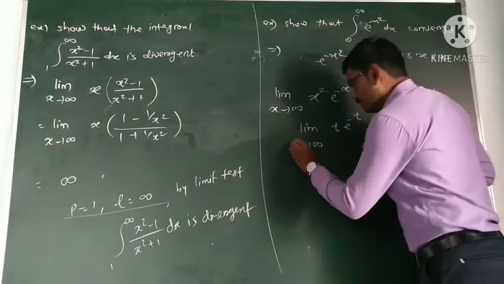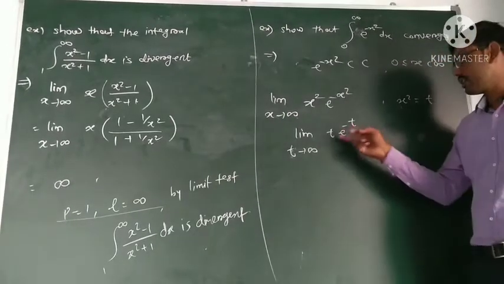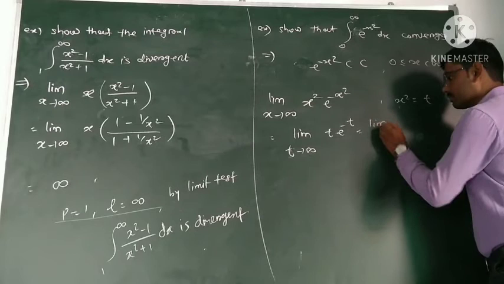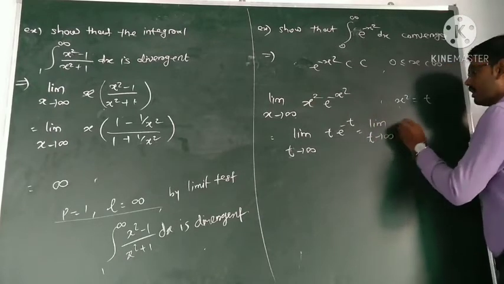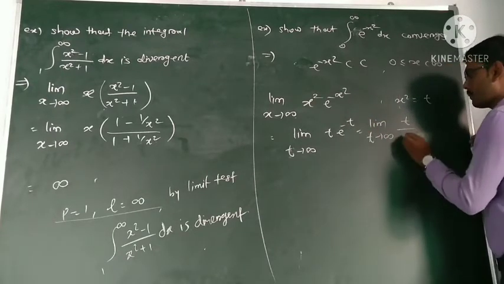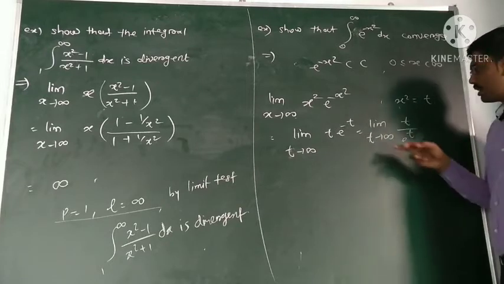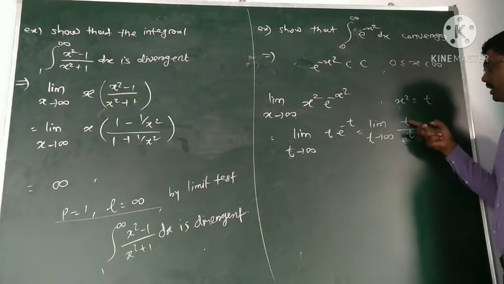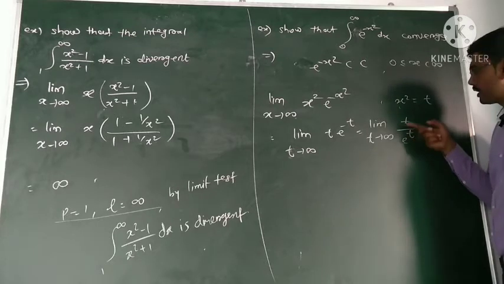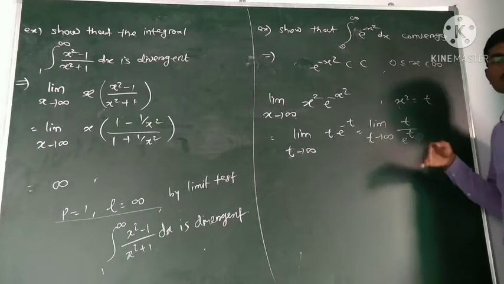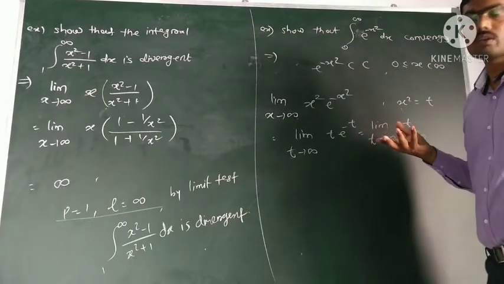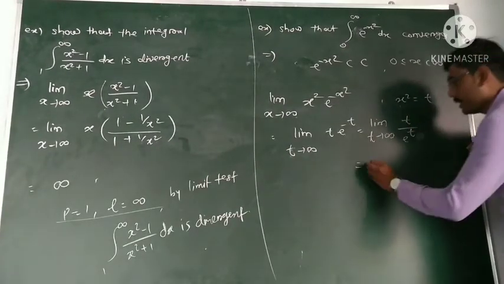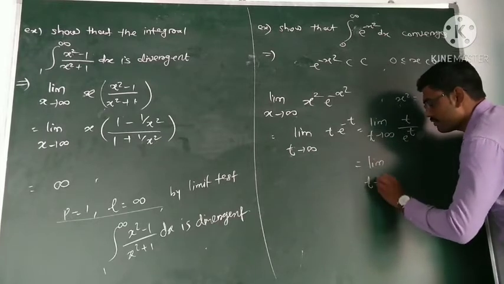So the limit as t tends to infinity of t into e raised to minus t is equal to the limit of t upon e raised to power t. Now as t tends to infinity, t becomes infinity and e raised to power t also becomes infinity. So infinity by infinity, and we have to use L'Hopital's rule.